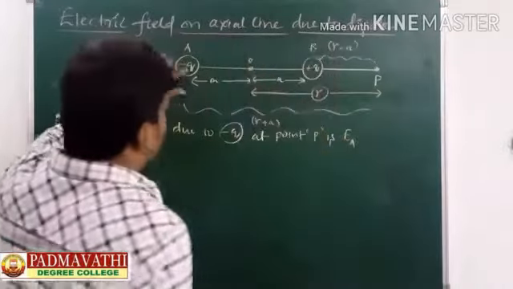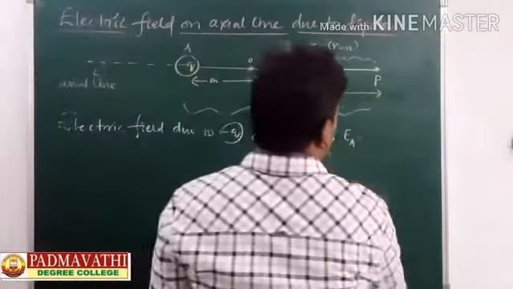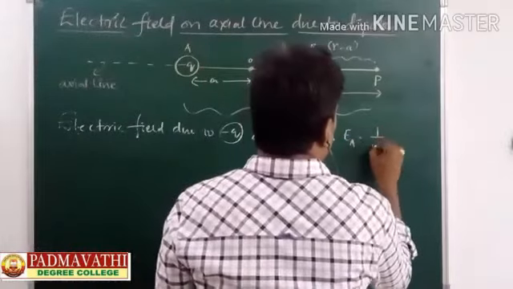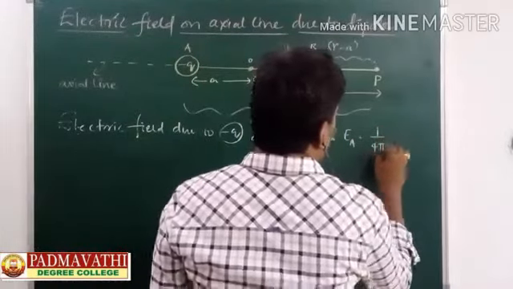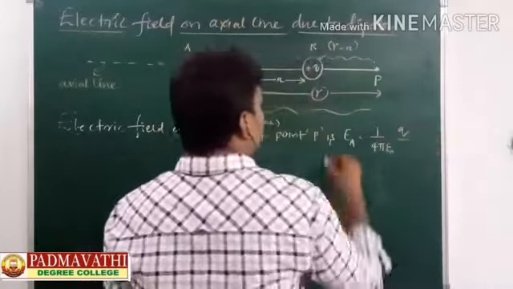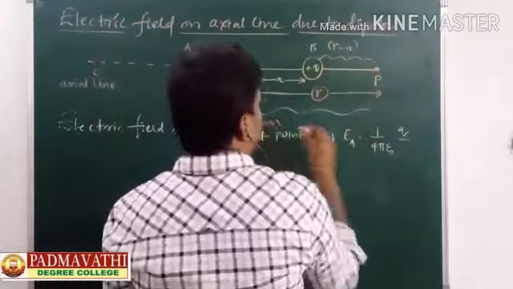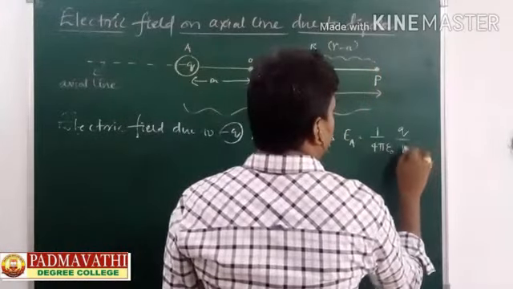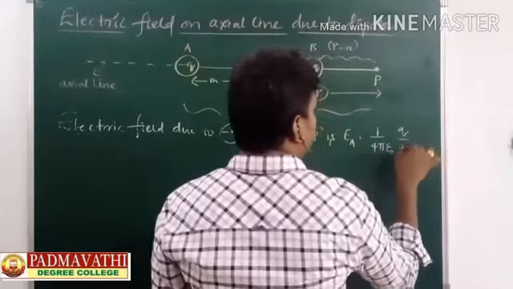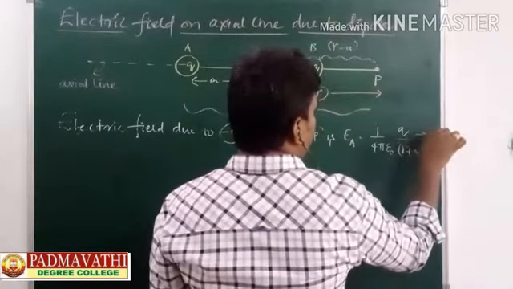Why? Because the minus Q is existing at point A. EA equals 1 by 4 pi epsilon naught, Q by the square of the distance between A and P, which is nothing but r plus a. This is (r plus a) whole square. This is equation 1.